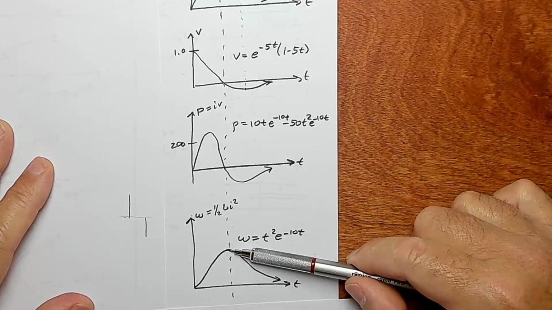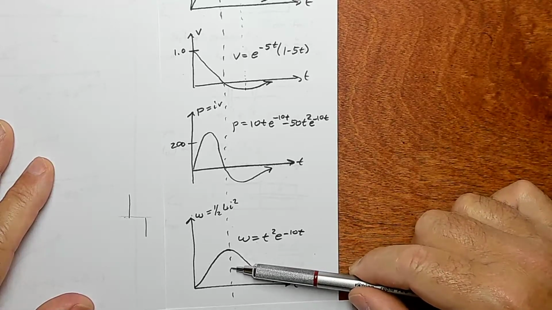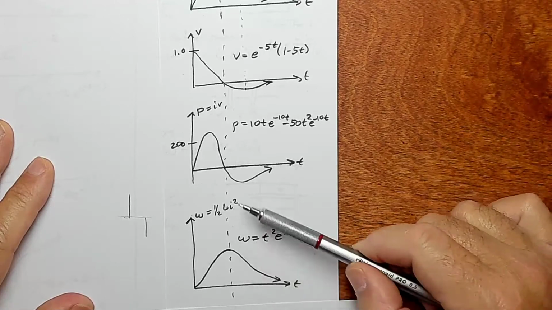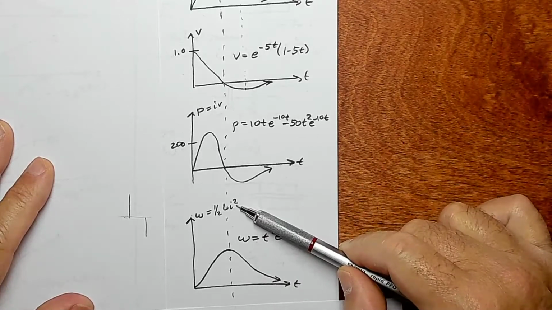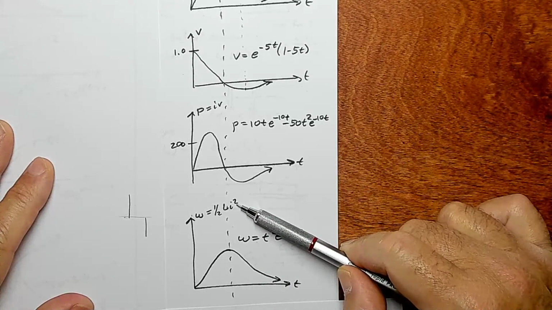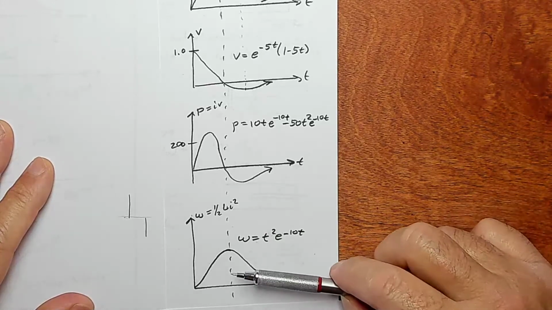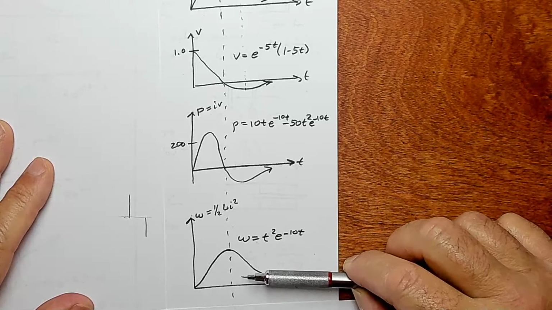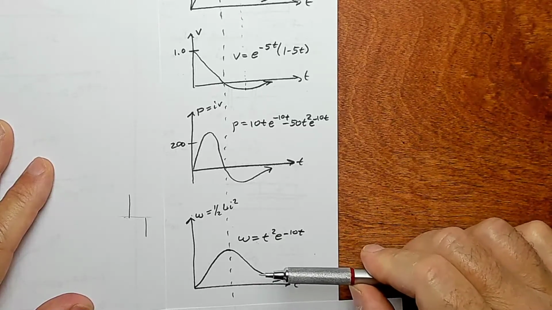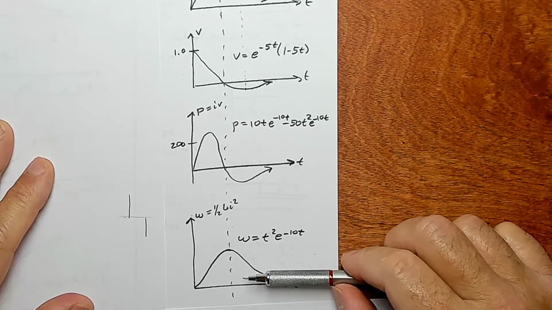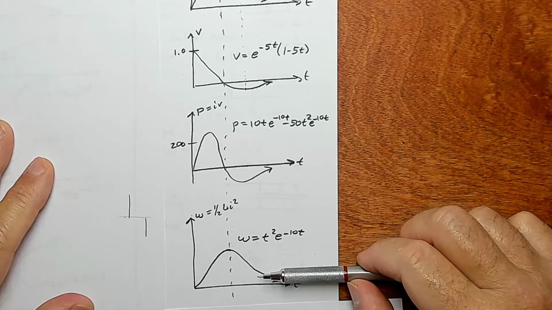The energy in the device will never be negative, mathematically, because this is squared. And physically speaking, there's no such thing as negative energy in the classical universe. Maybe in weirdo quantum physics there might be, but we're just doing classical physics stuff.